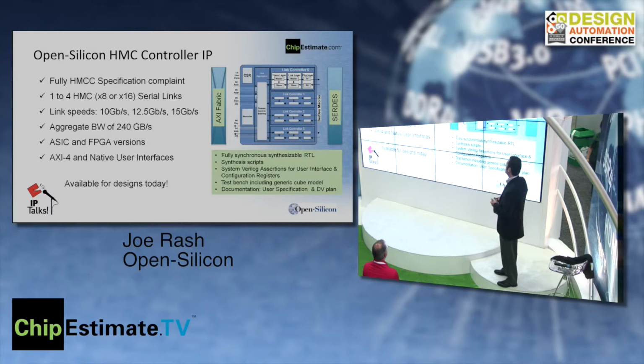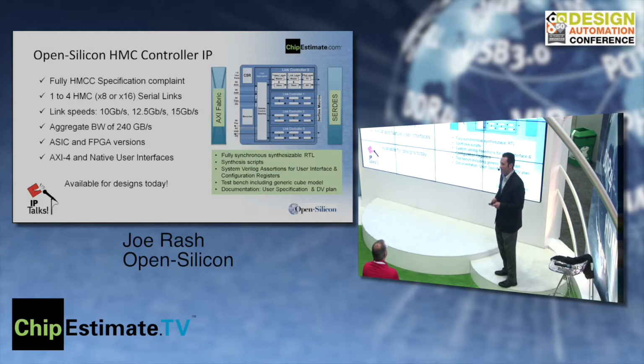We support within this controller from 1 to 4 HMC links. Each cube has from 1 to 4 links, and the links themselves run in either a by 8 or a by 16 mode. Link speeds are from 10 gigabits to 15 gigabits, and the aggregate bandwidth across the hybrid memory cube, in terms of peak at 15 gigabits, is all the way up to 240 gigabytes per second.